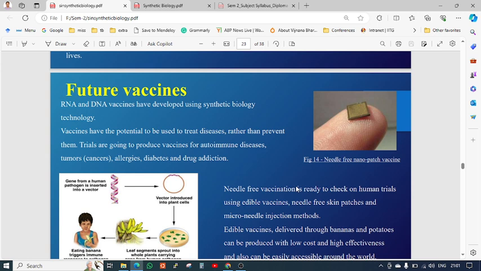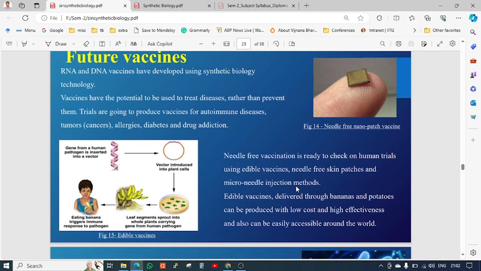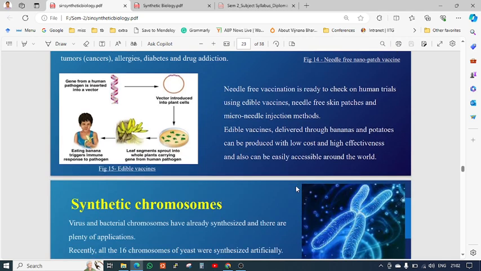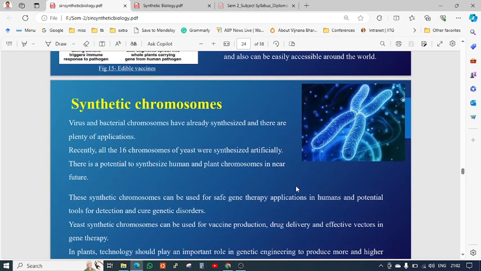Then future vaccines. Future vaccines means whatever diseases come, we take a vaccine for one disease and then another, so different types of diseases. If you design some type of genetic chip that can be implemented in your body and cure all diseases, we become disease free. These are things that may be implemented in the near future.